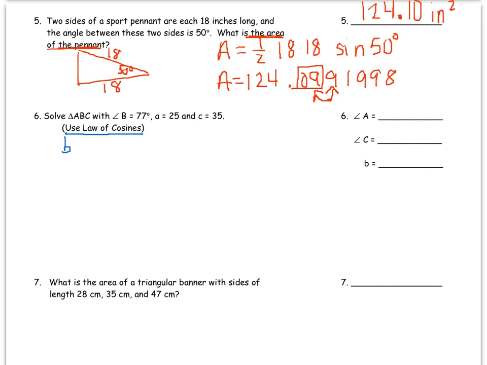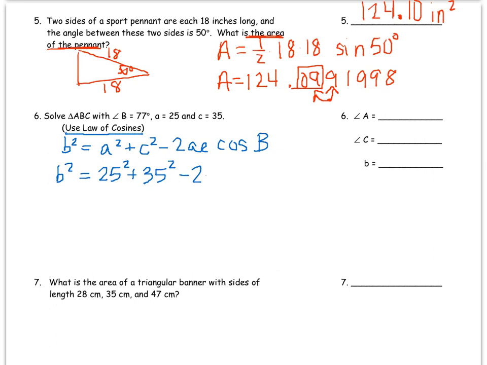So I'm going to say B squared equals A squared plus C squared minus 2AC times the cosine of B. So B squared equals A is 25 squared plus C is 35 squared minus 2 times A is 25 times C is 35 times the cosine of B. So I need to break this down.